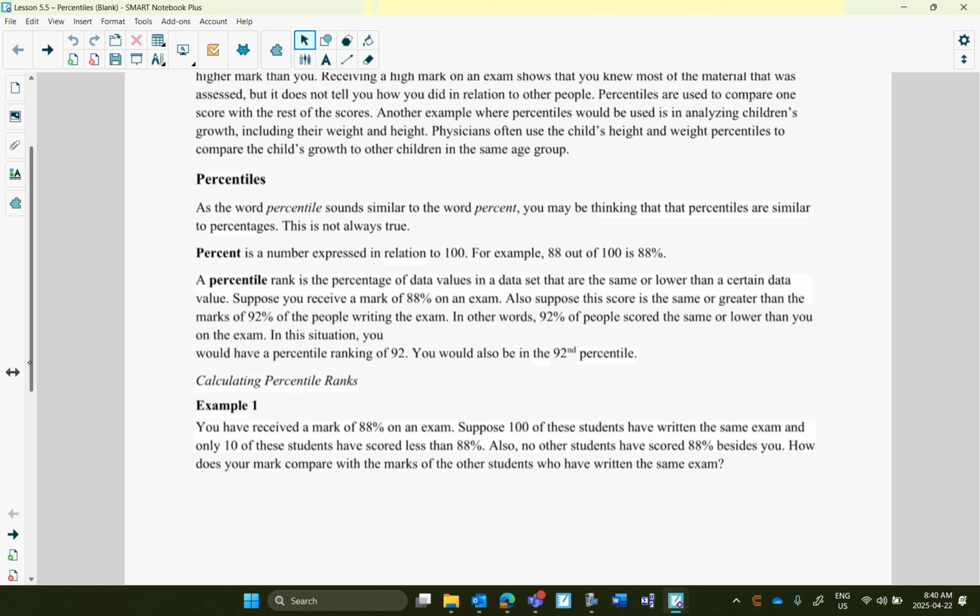So you could score 88% on an exam, but your mark could be in the 70th percentile, which means your mark was the same as or higher than 70% of the people that wrote. So a data value is not the same as a percentile.